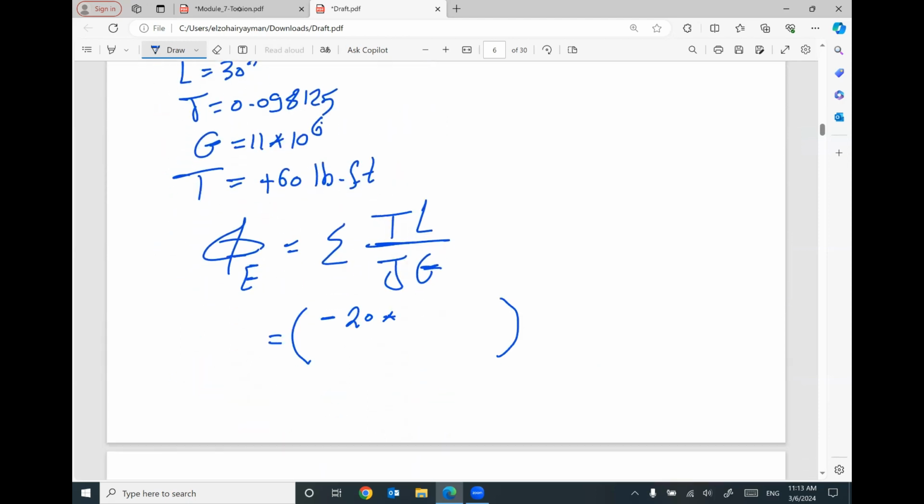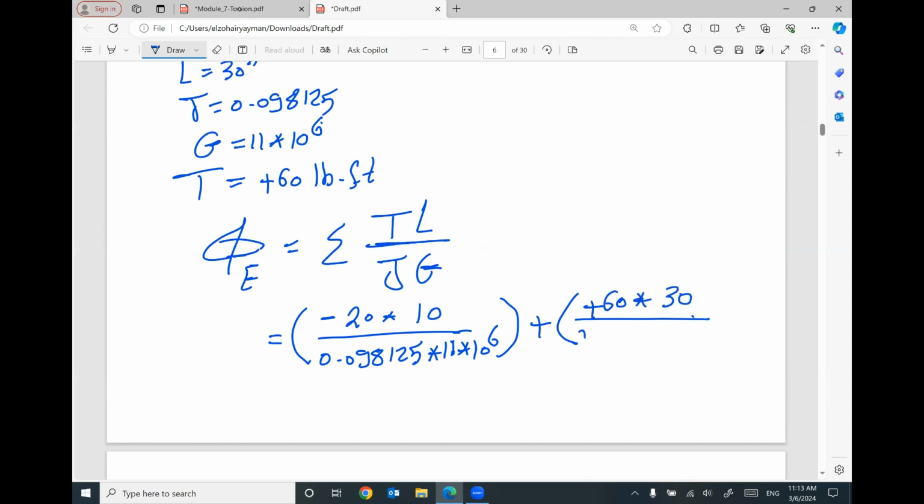The length is 10 inch, J is 0.098125, G is 11 times 10 to the power 6. Plus the second part, the applied torque, positive 60, times the length 30 inch, divided by 0.98125 times 11 times 10 to the power 6.